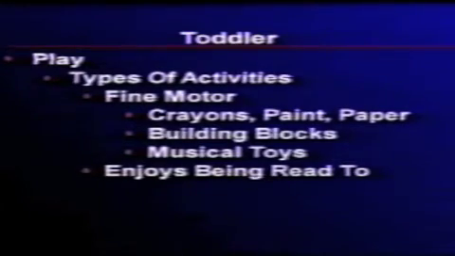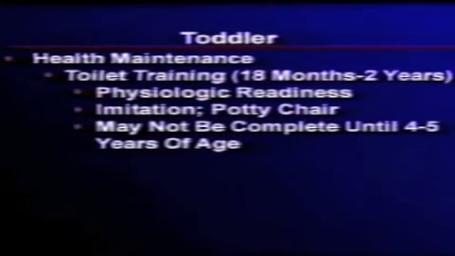With health maintenance, toilet training is your key thing with this age group. Achieving potty training is 18 months to 2 years, and more so the 2-year time span is where you really need to shoot for. They have to have physiological readiness, and we know that that does not happen until at least 18 months of age, to have sphincter control. Also, imitation is always good.